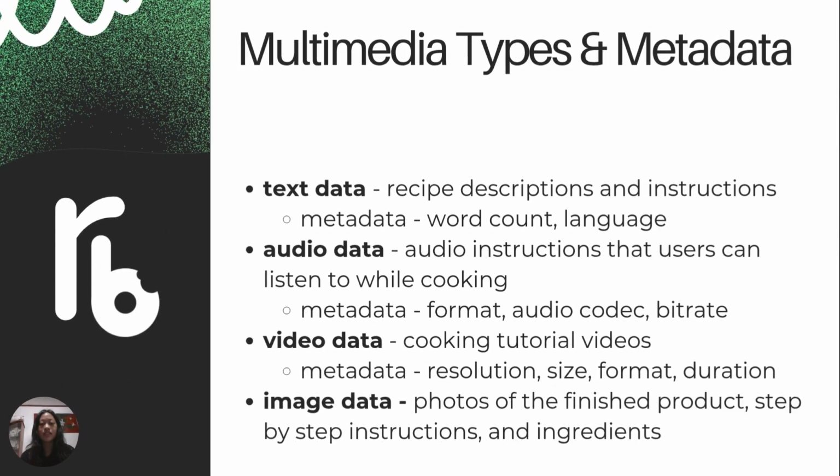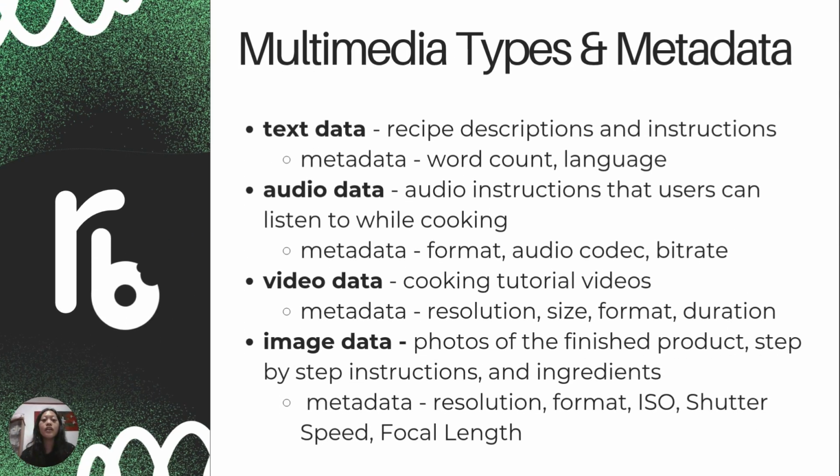So next is the multimedia types and metadata. Before designing the database, it's actually important to identify the multimedia types that you will be using. So the first multimedia type is, of course, the text data.